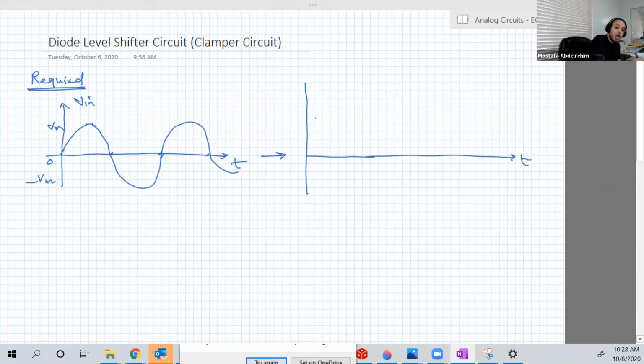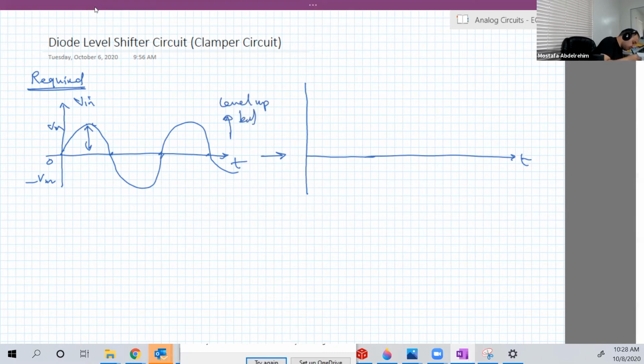So for example, we want to level it up, or shift it up, by Vmax, by this amount.